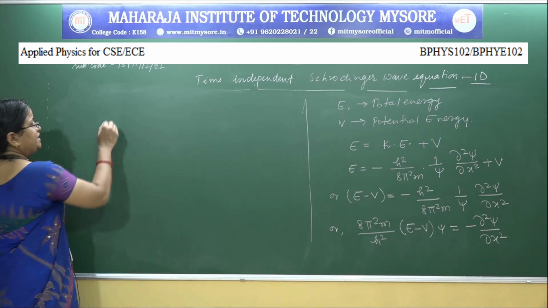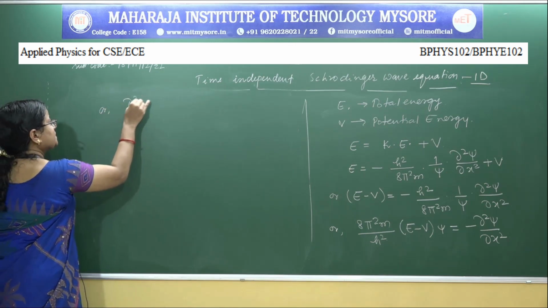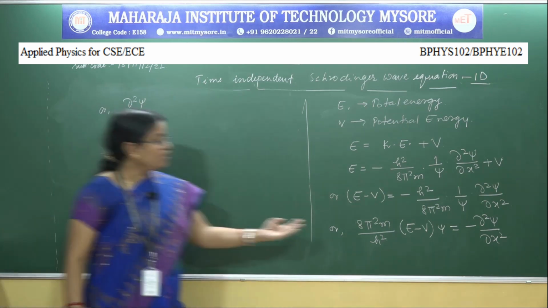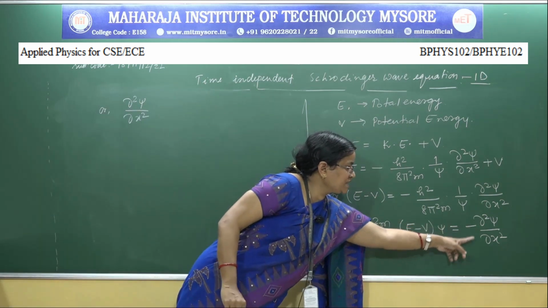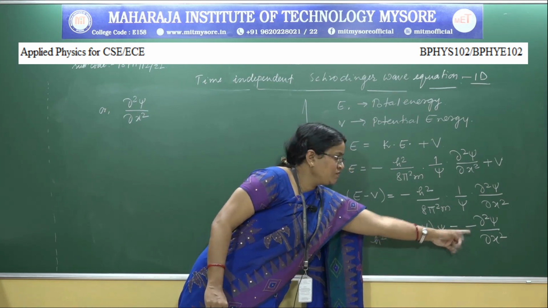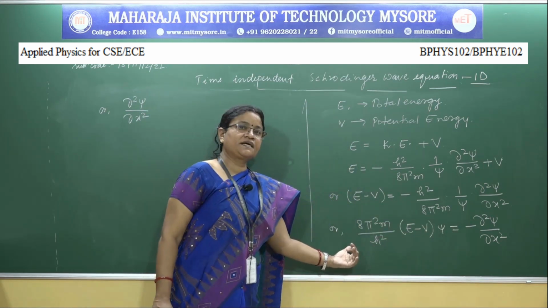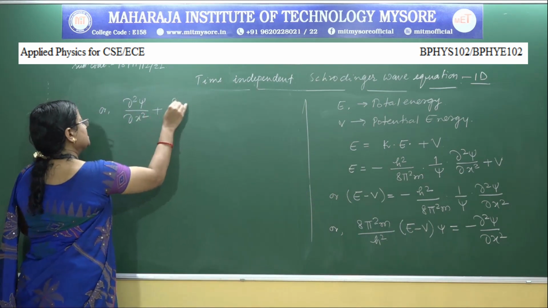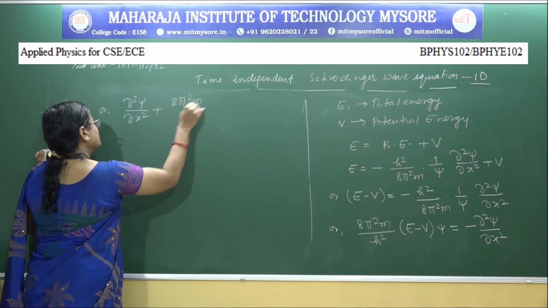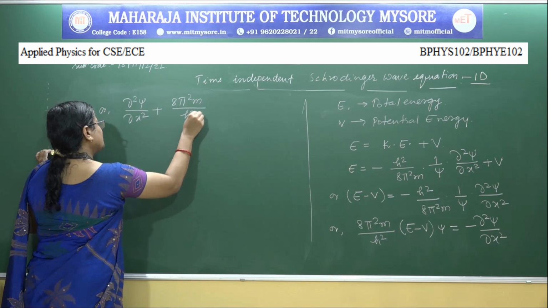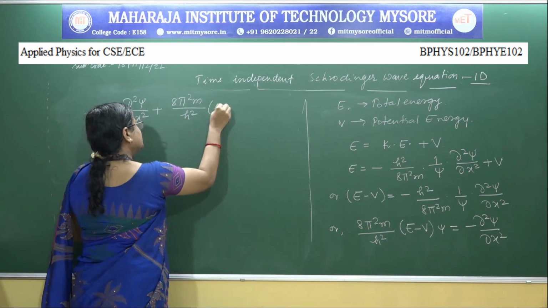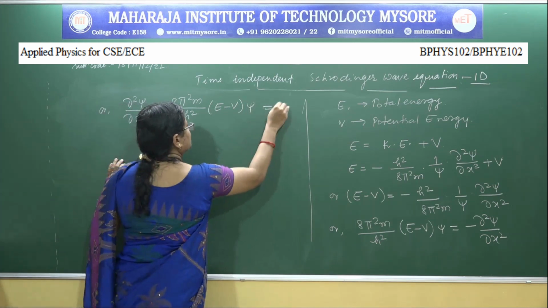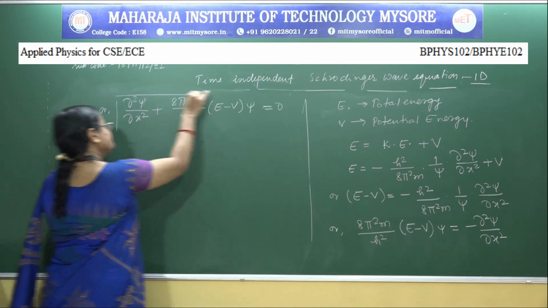So finally what we get, dou square psi by dou x square. Now this term dou square psi by dou x square is with negative. When we bring it to the left hand side, it will be positive. So dou square psi by dou x square plus 8 pi square m divided by h square into E minus V into psi is equal to 0.